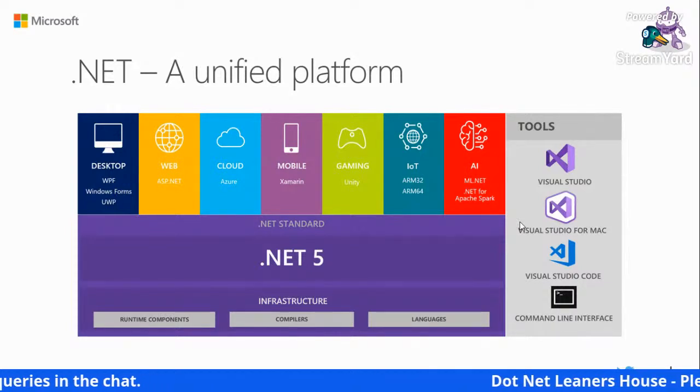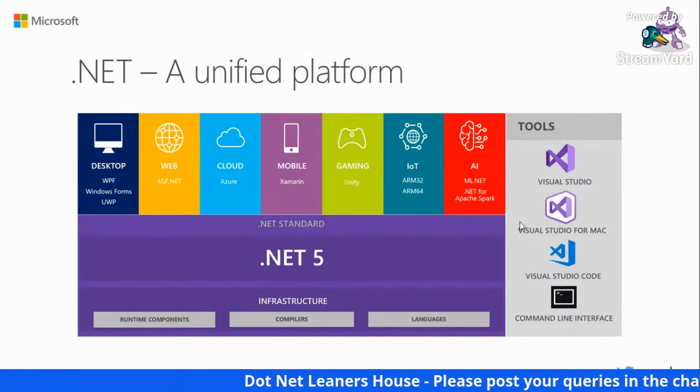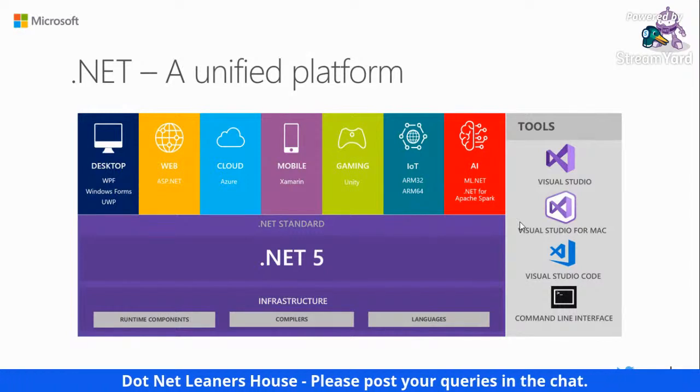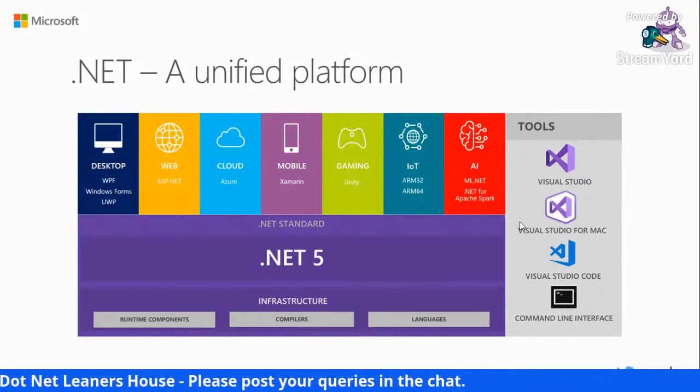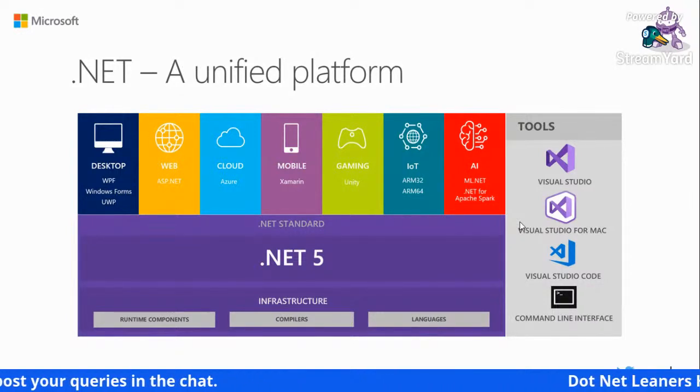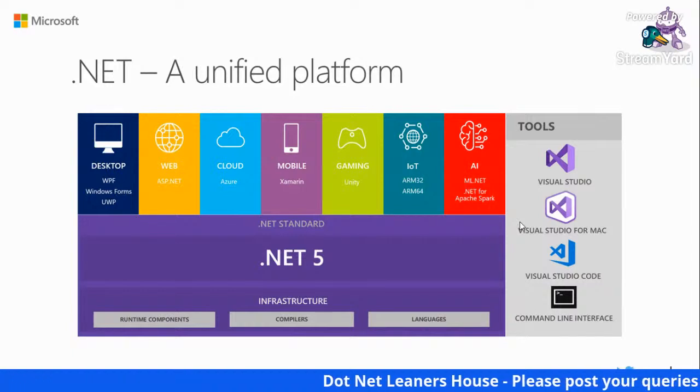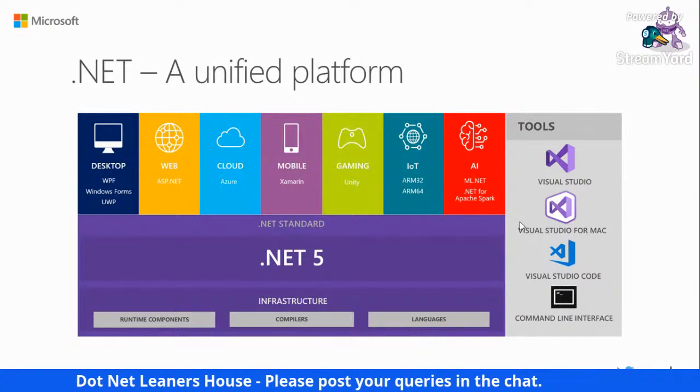I think they have already announced in November that they'll start deprecating .NET Framework. I'm not sure about it, but in one of the conferences, Scott Hunter mentioned that we'll slowly start deprecating .NET Framework, Core, and Standard, and in the future we'll have only one .NET.